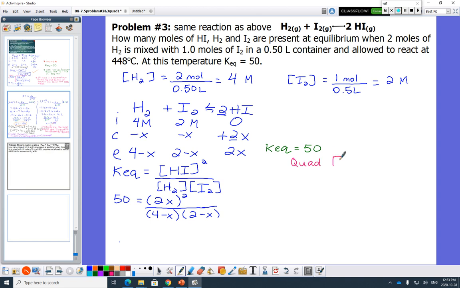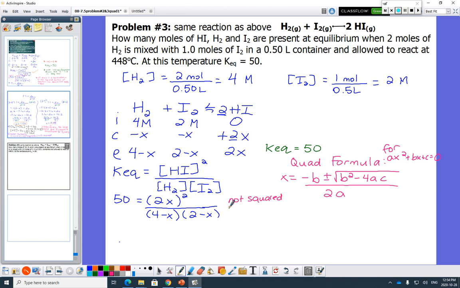So first, just in case you forget what the quadratic formula is, if you like to write little notes for yourself, the reason we're using this is because it's not squared in the top and the bottom.